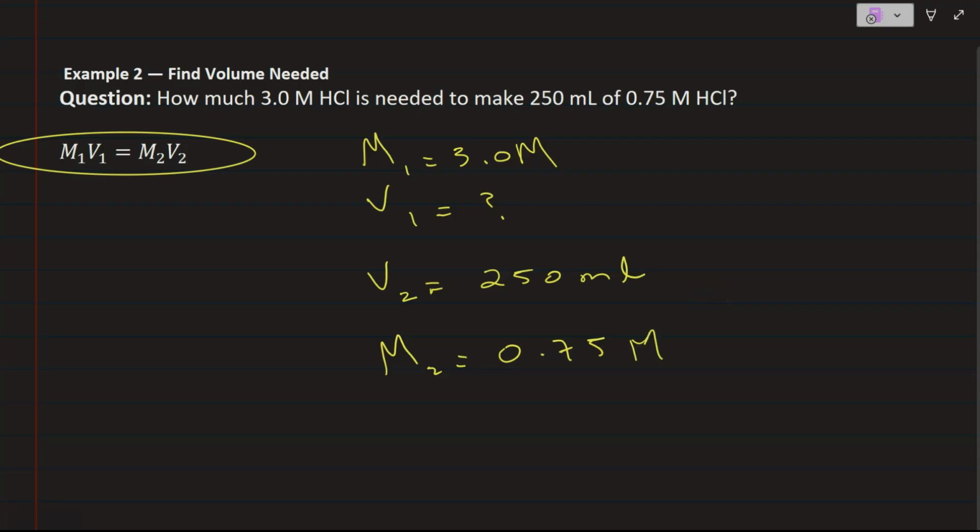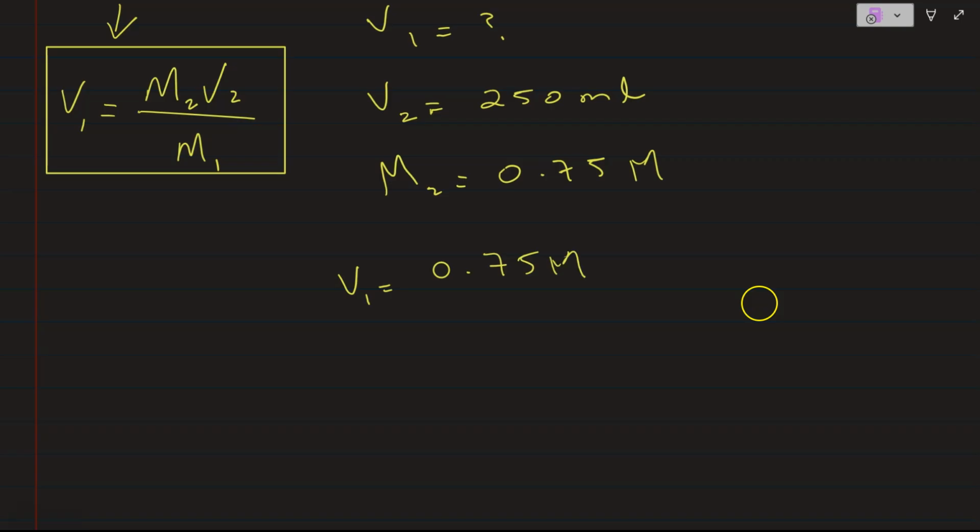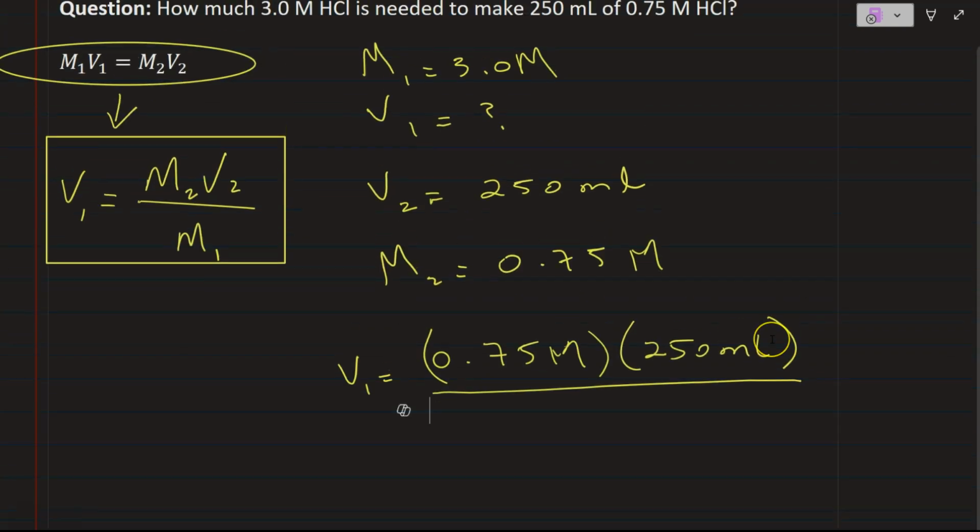Now we want V1. We are solving this equation for V1, so divide both sides of that equation by M1. So that's what we have now. With the formula solved for V1, plug numbers in. We have 0.75 molar times 250 milliliter divided by M1, which is 3.0.